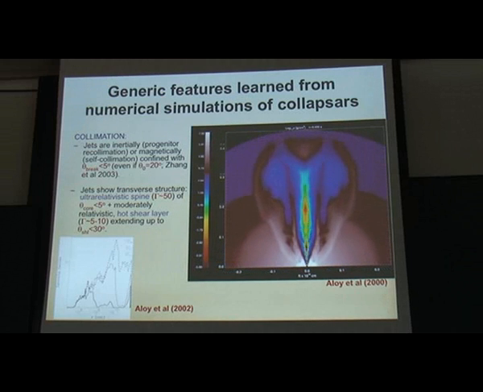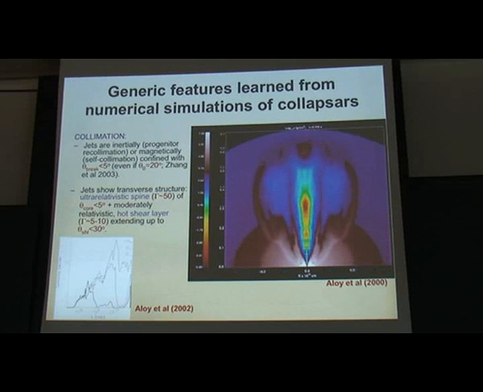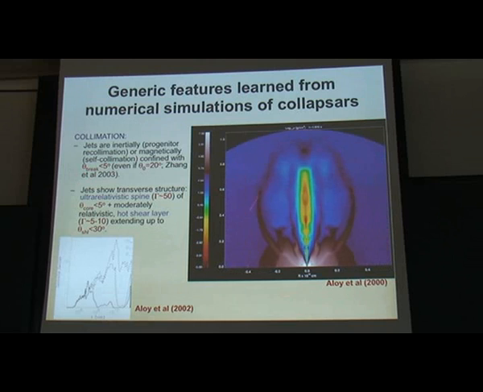If the jets are started by means of deposition of thermal energy, as it could be the case if they are initiated by the deposition of energy by neutrinos, then these jets are collimated by the progenitor star. There is inertial confinement. Otherwise, if you have a magnetic field, you may have self-confinement of the jet by toroidal magnetic fields.